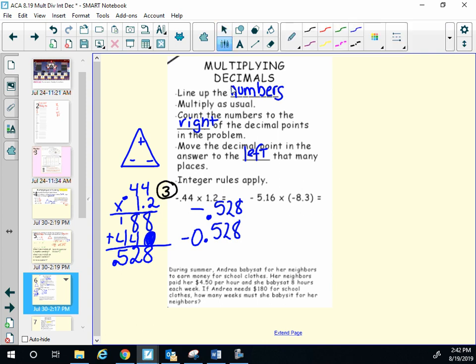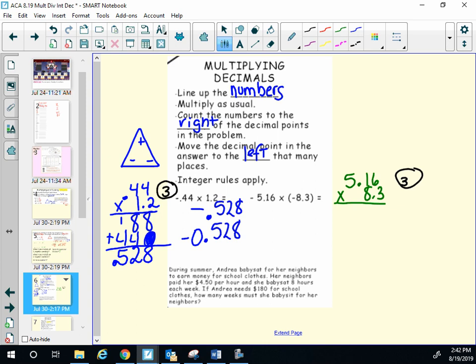Let's look at the next problem. We have a negative 5.16 times a negative 8.3. Answer positive or negative? Positive. We have a negative and a negative, so my answer is positive. All we are simply doing is multiplying 5.16 times 8.3. How many numbers are behind the decimal? 3. 1, 2, 3.